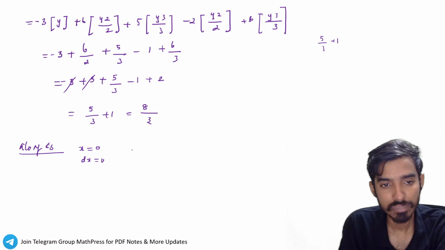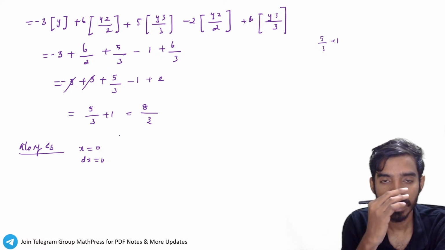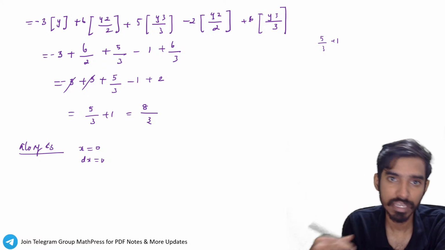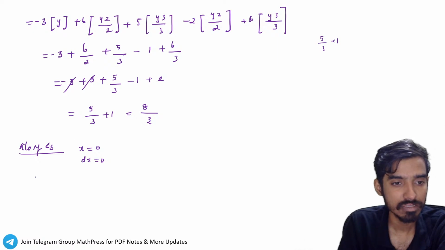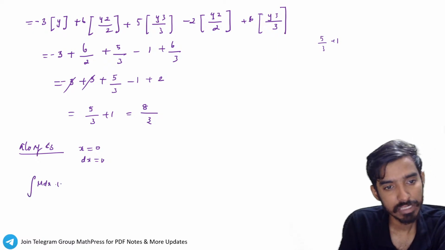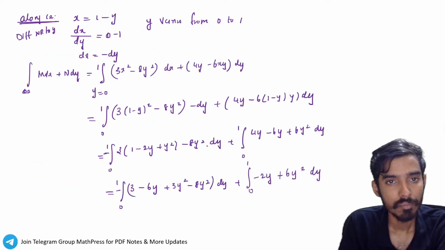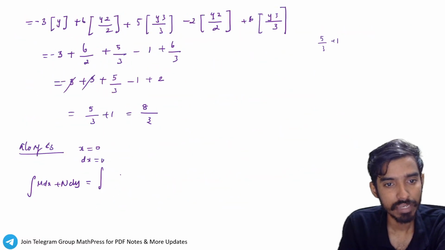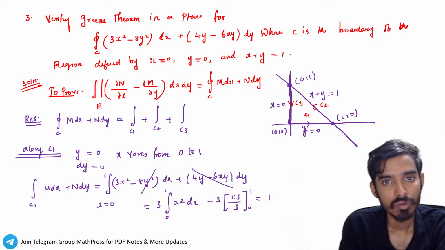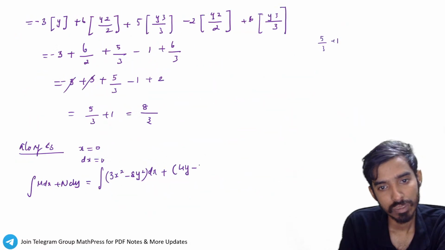So everything is in terms of y here, because in integrating, the dx term will vanish. So here the integral of m dx plus n dy, what is the question? 3x square minus 8y square dx plus 4y minus 6xy dy.